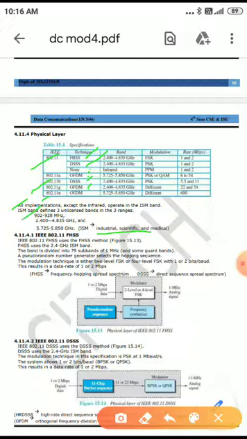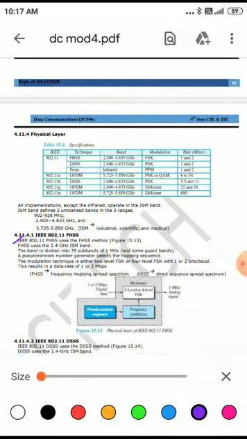First one is 902 to 928 megahertz, second is 2.4000 to 2.4835 gigahertz, and third is 5.725 to 5.850 gigahertz. These are the three ranges of the ISM band. We are going to discuss them one by one.